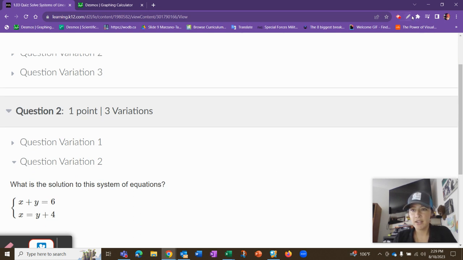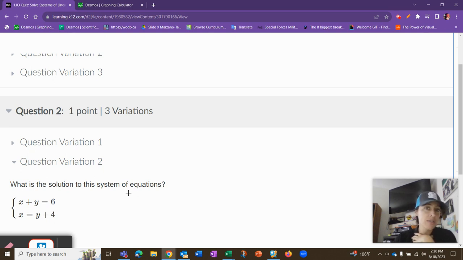Okay, so this one wanted to test a couple of things. If you look closely over there, they lined up the x, they lined up the y, they lined up the answer or the constant. But they didn't. What they lined up was the variables, yes, but they didn't line up the equal sign.